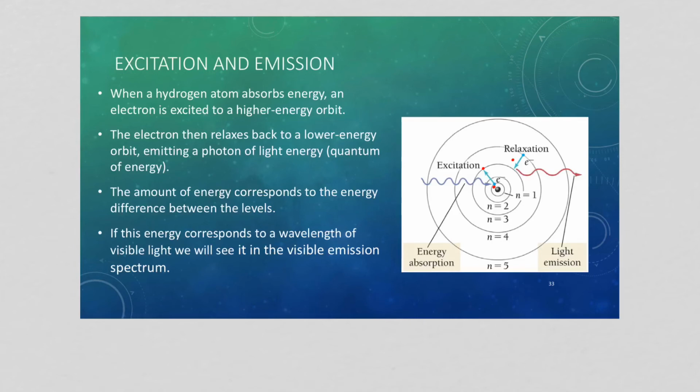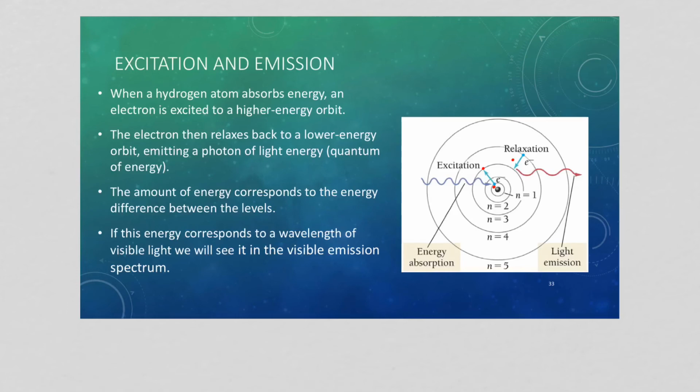And if the energy of this light falls within the visible region, it's going to occur at a specific wavelength. So remember, the energy of this wave is connected to its wavelength, and so every energy here represents a wavelength of light.